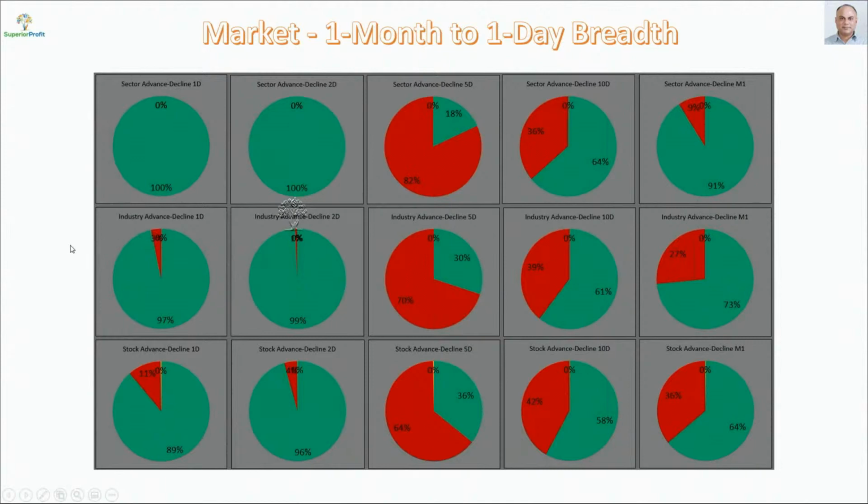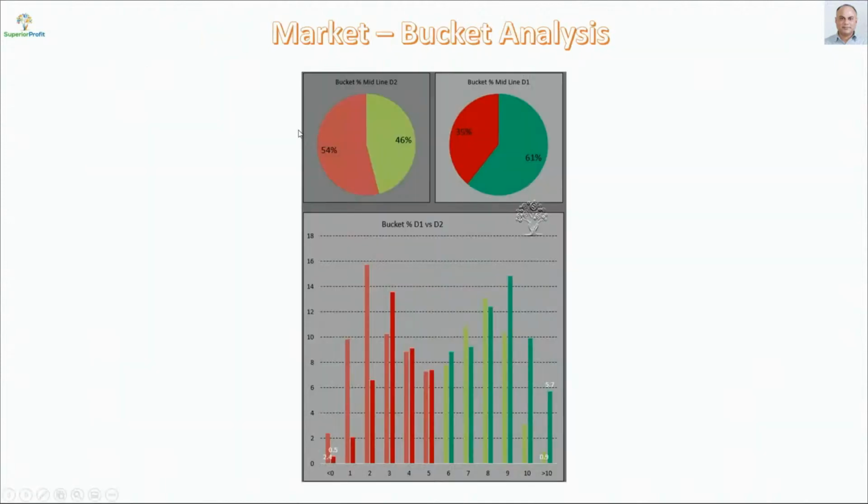Then we can look at the stocks in the market using bucket analysis. This is also a market level insight. What is bucket analysis? You may imagine all the stocks, let's say S&P 1500 stocks, a reasonable size universe. Take all the stocks one by one, decide its normal price range.